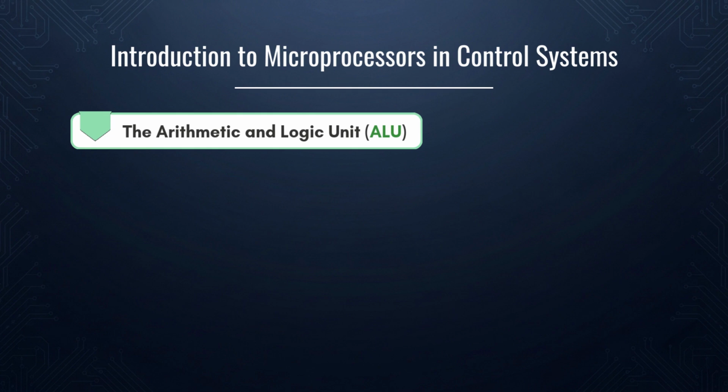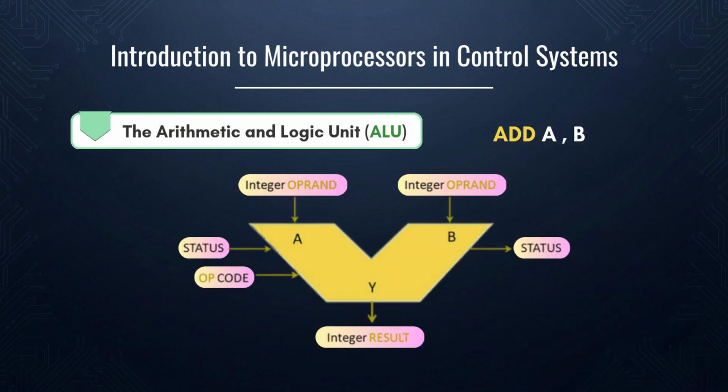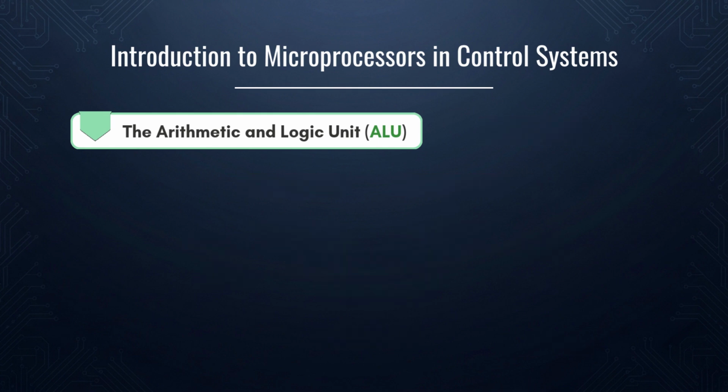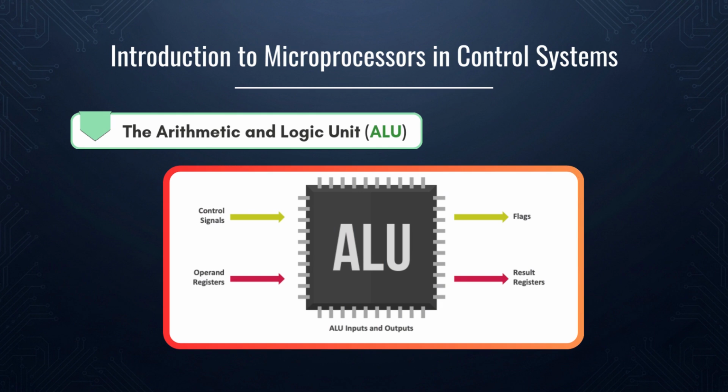For instance, if the instruction says add A, B, the ALU takes the contents of register A and register B, performs binary addition, and writes the result back into A. If the instruction is AND, the ALU compares each bit of two operands and produces a result according to logic rules. The ALU is connected to the accumulator, a special register we'll cover shortly, and is tightly linked with the status flags, which record the outcome of every operation.